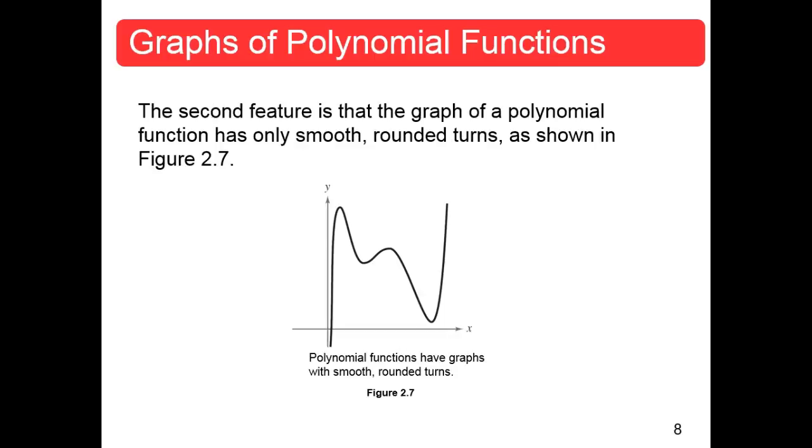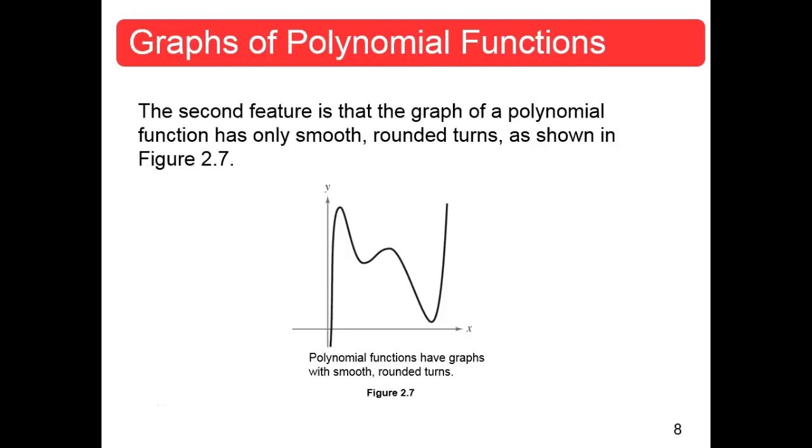Now, the second feature, I just had to say it earlier. The second feature is that the graph of a polynomial function has only smooth, rounded turns, as shown here. Notice there's no points, no peaks, no cusps. Even when it's fairly sharp, it's always rounded. That's important.